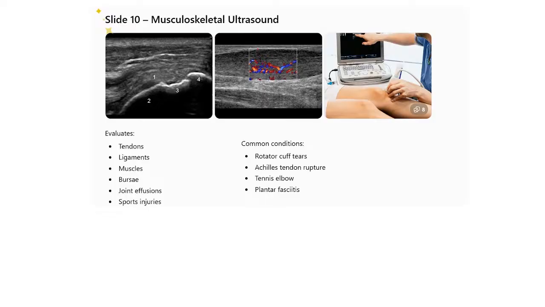So the musculoskeletal application of medical ultrasound evaluates the tendons, ligaments, muscles, bursa, joint effusions, and sports injuries. Common conditions include rotator cuff tears, Achilles tendon rupture, tennis elbow, plantar fasciitis, for instance.